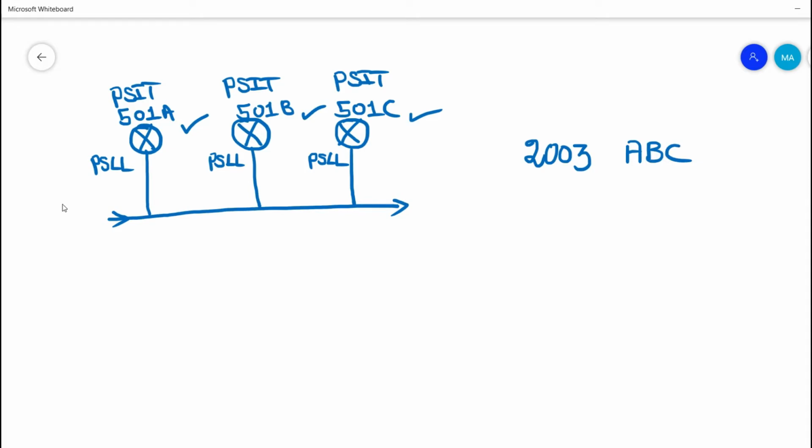In ideal condition, all the 3 transmitters would be working in line, and they are supposed to sense the low pressure PSLL. In ideal condition, all the 3 transmitters are in line and functioning well.